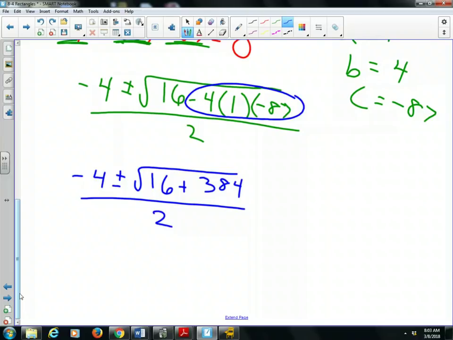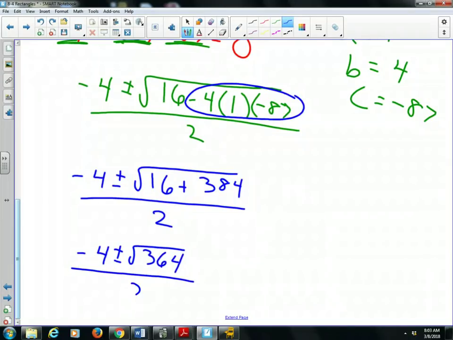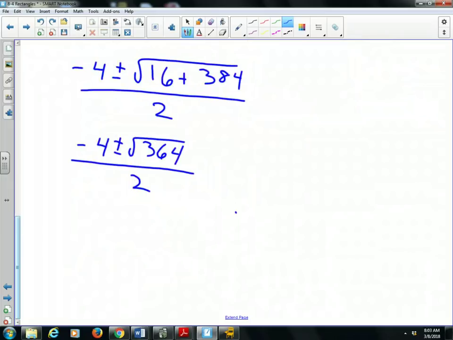We add 16 plus 348, so it's negative 4 plus or minus the square root of 364, all over 2. Just about done here. We take the square root of 364. It's a decimal. Let's round to 2 decimal places. The square root of 364 is 19.08.